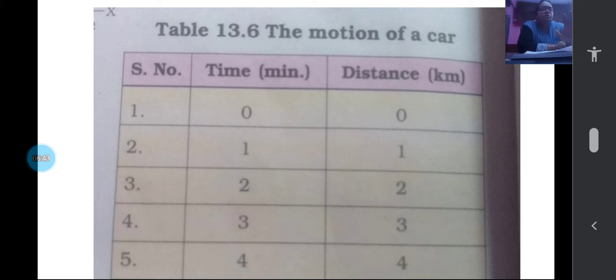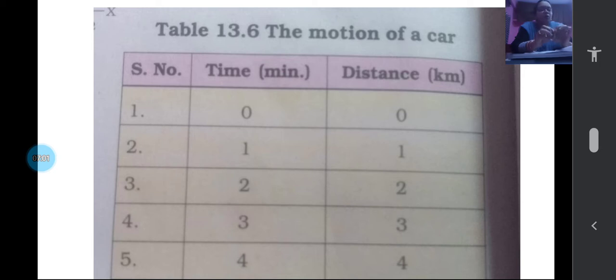So using this, how are we going to plot the graph? As I told you, in the graph you will be taking the horizontal and the vertical line, horizontal line OX and vertical line OY. All these are positive values, so we are going to plot them in the graph.